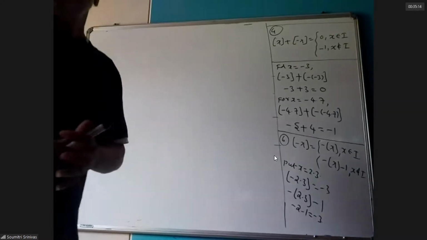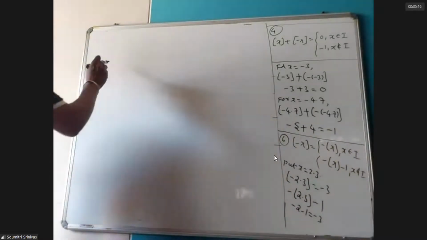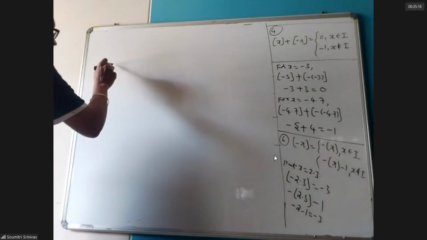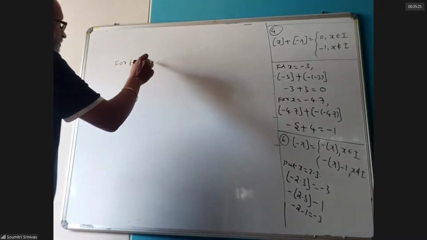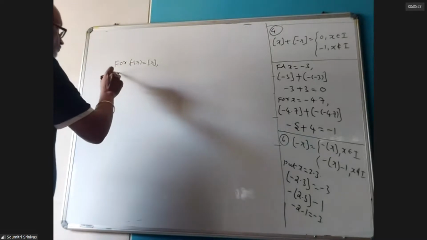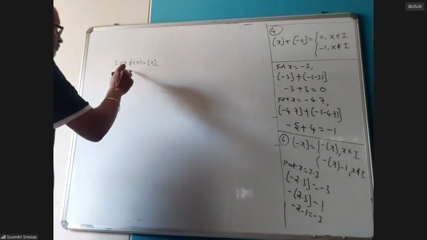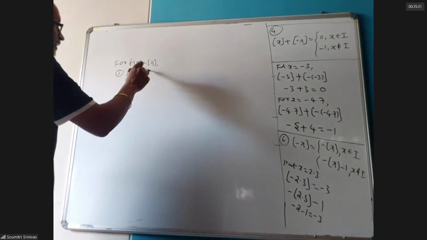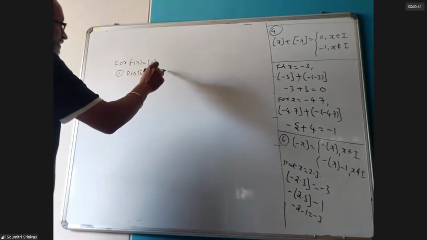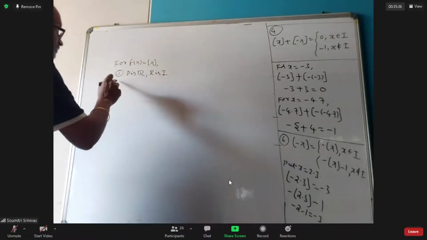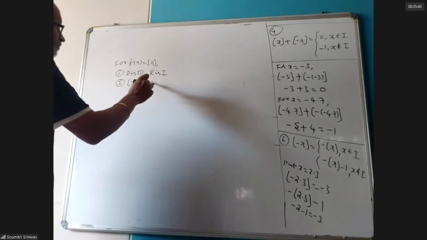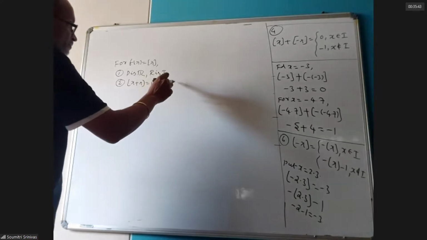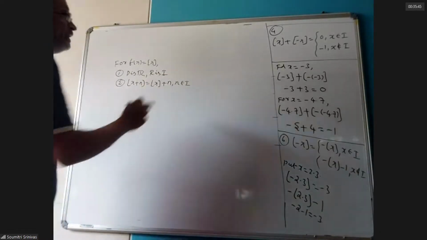Look here. For f of x equal to step x, first point, domain is all real numbers, range is integers. Second point, step of x plus n, whenever n is an integer.